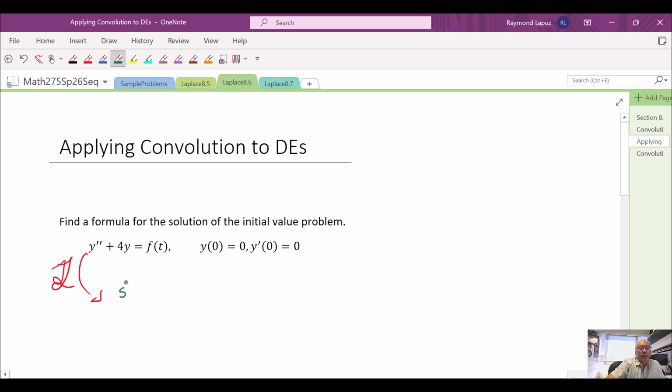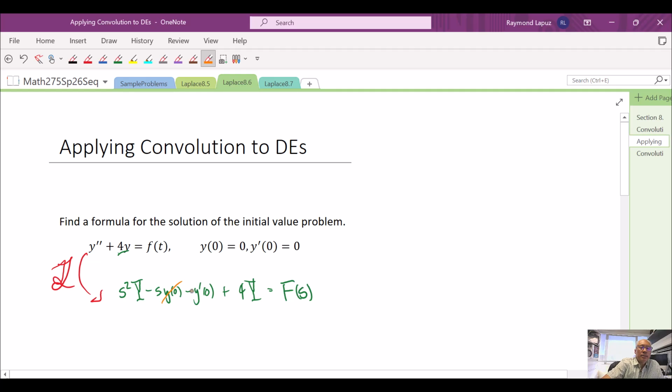This is going to be s squared Y minus s y of 0 minus y prime of 0. And then we have a 4Y. That takes care of that. And then here, I don't know what f is, but let's just say it transforms to capital F in the Laplace world.